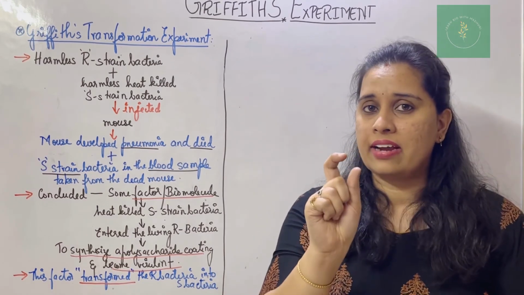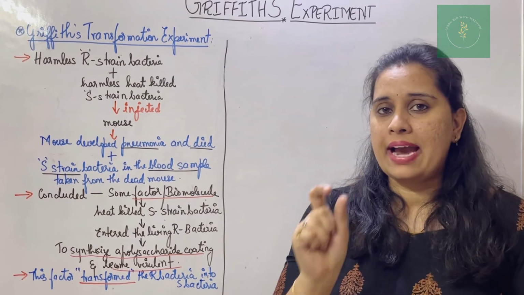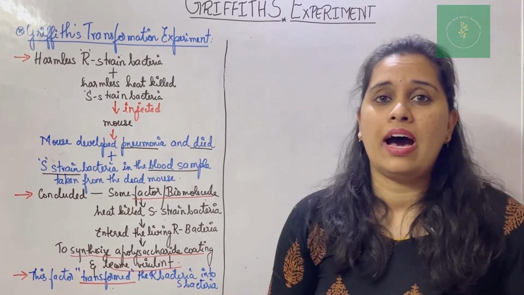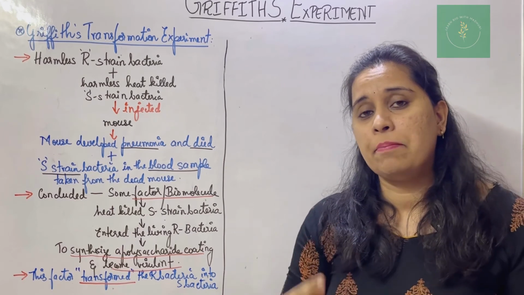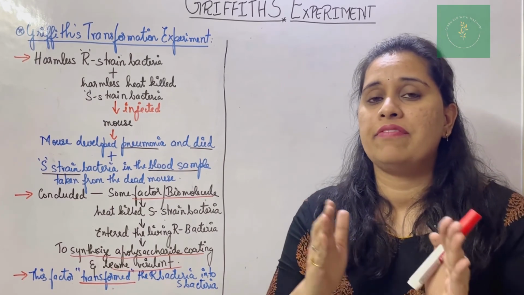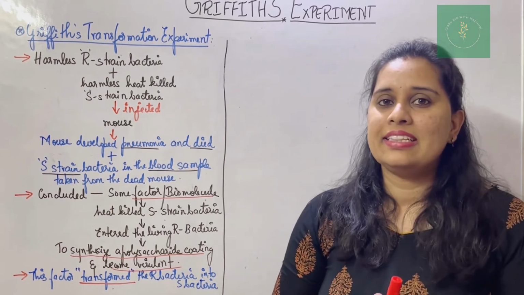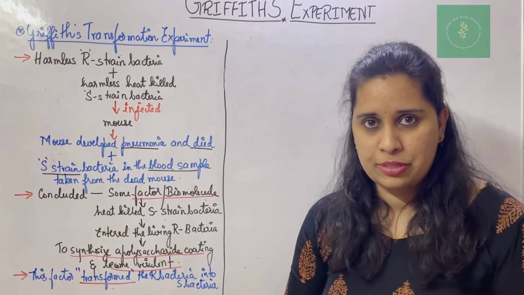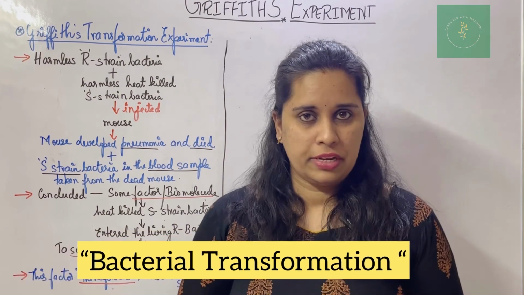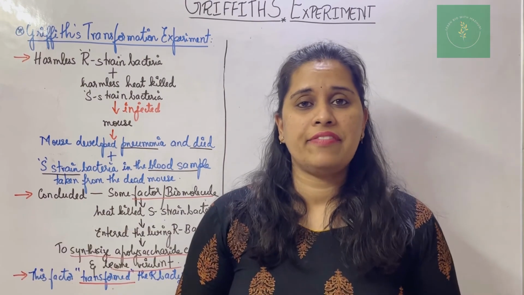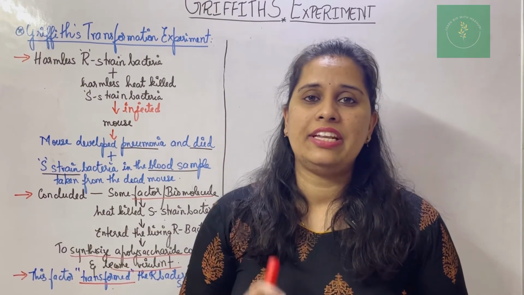Because of a factor, S bacteria can enter into R bacteria, and R bacteria can get completely transformed into a virulent bacteria. This is the transforming principle. This process is now known as bacterial transformation, and it is significantly used in genetic engineering applications.